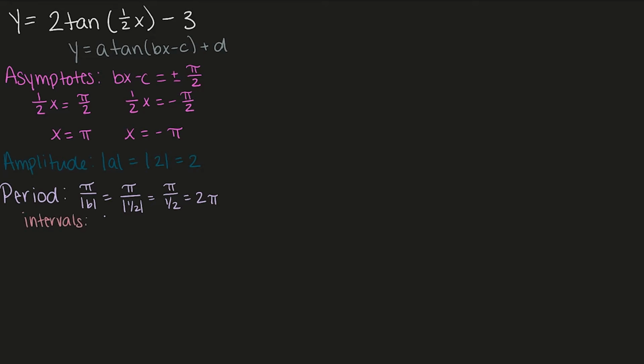Then to find our intervals, we'll divide our period by 4. So 2 pi divided by 4 is pi over 2, which means our intervals for our x values are pi over 2. Lastly, our vertical shift is d equals negative 3.